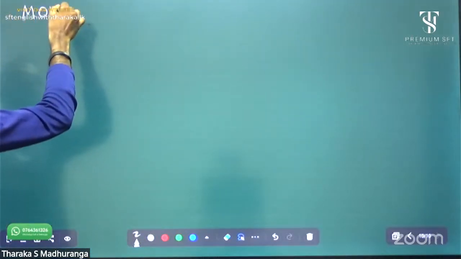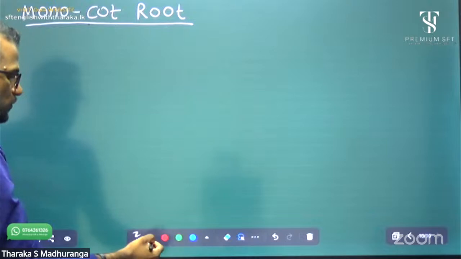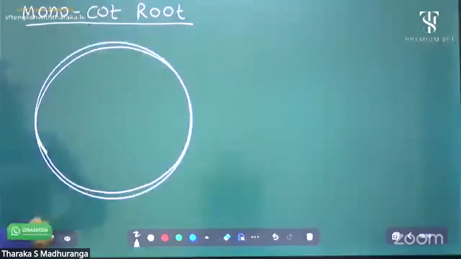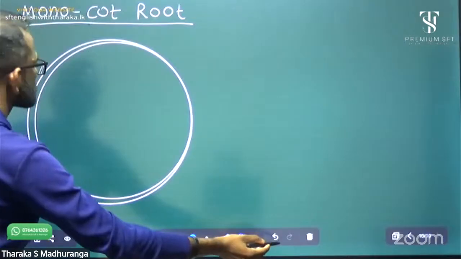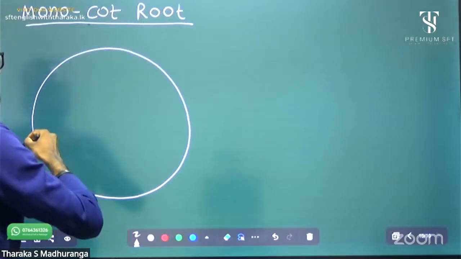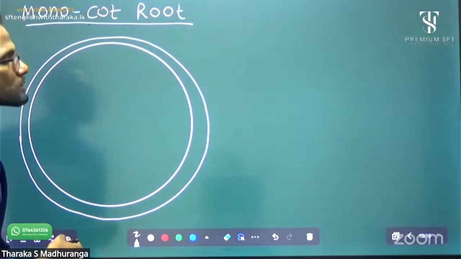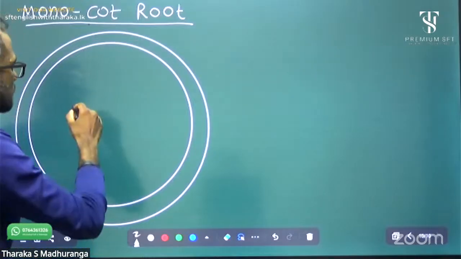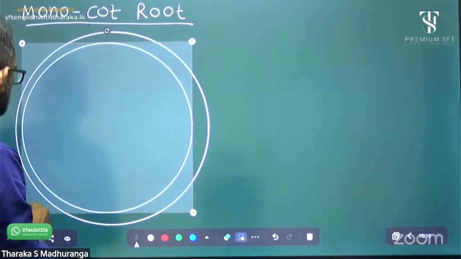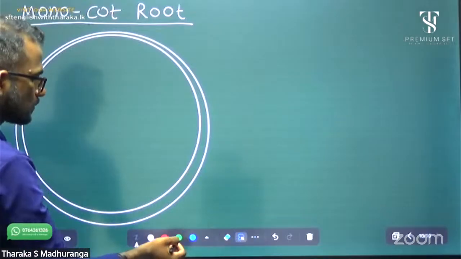If you draw it like this, it's correct. Monocot root structure. Same: draw a circle and draw another circle, and another circle.